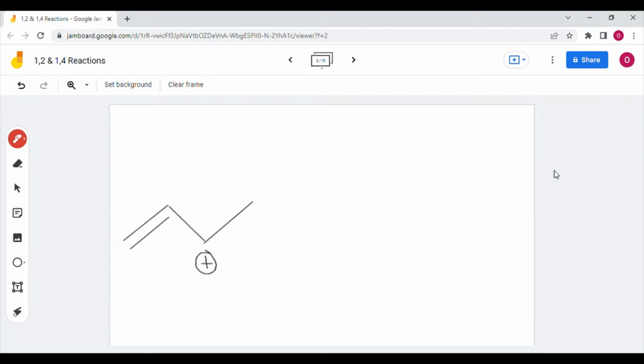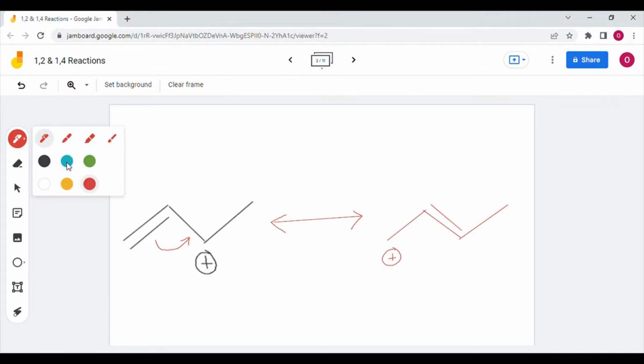So now that we have this intermediate, the next step is to draw resonance. Notice that this double bond can move here, thus producing this resonance structure. Something I want you to notice is the stability of each resonance.